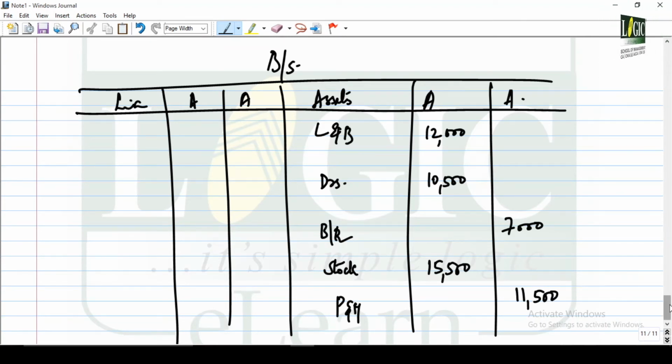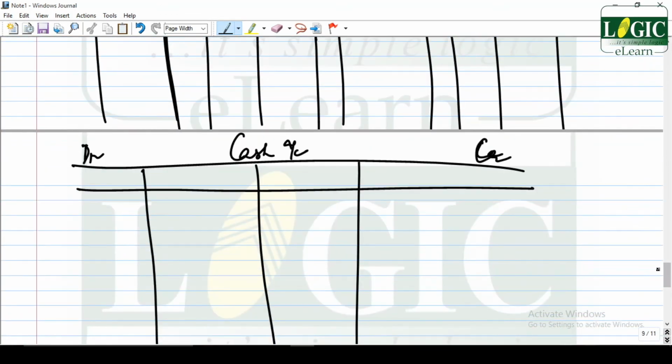Now cash at bank, opening cash balance, to balance brought down, that is 13,000.